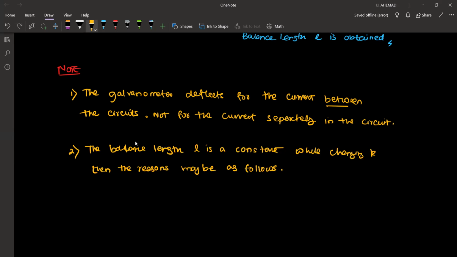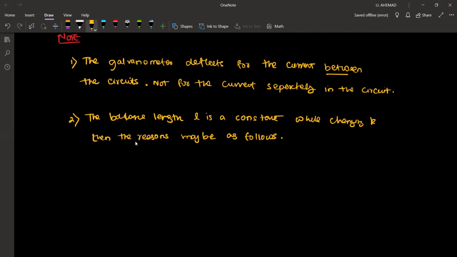The first reason may be the infinite resistance plug may be removed in the resistance box.